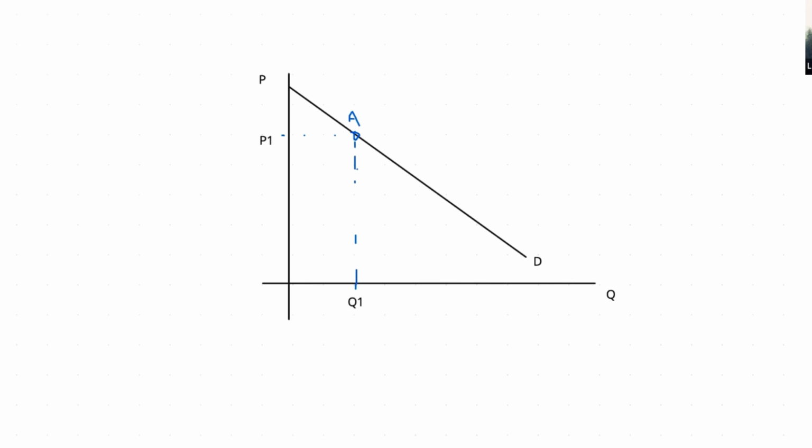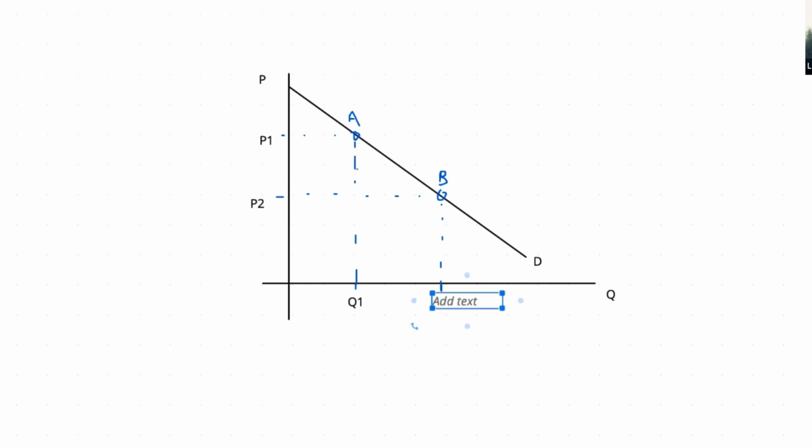So let's say that the price decreases. If the price decreases and we end up here at point B, we now have a new price because the price decreased. And we have an increase in our quantity demanded. So now we're at Q2.